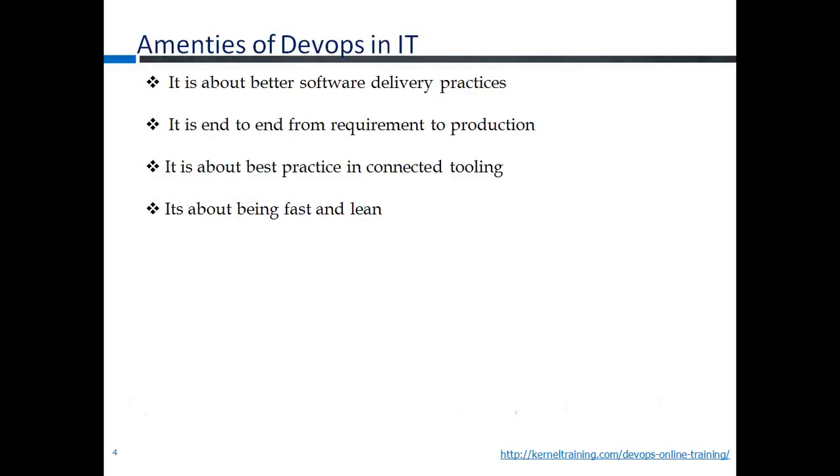In college days we used to follow something like the waterfall model and the iterative model. We used to learn about those things in the old days: it would be requirement analysis, then we would go for building, and then go for production.